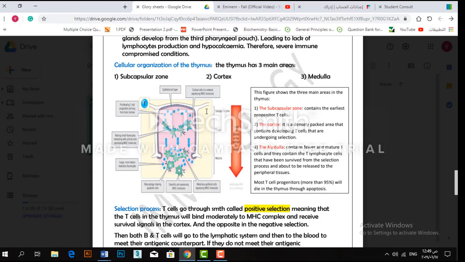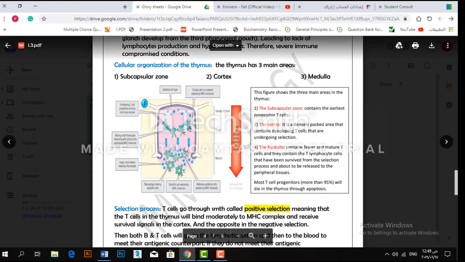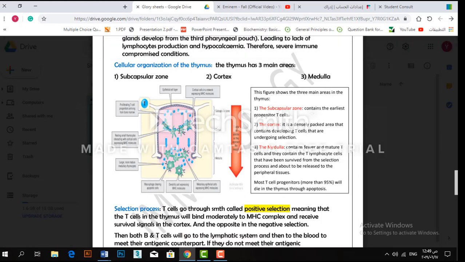Now what will happen next? They will enter the cortex zone. The cortex zone is a densely packed area that contains developing T cells that are undergoing what? Selection.